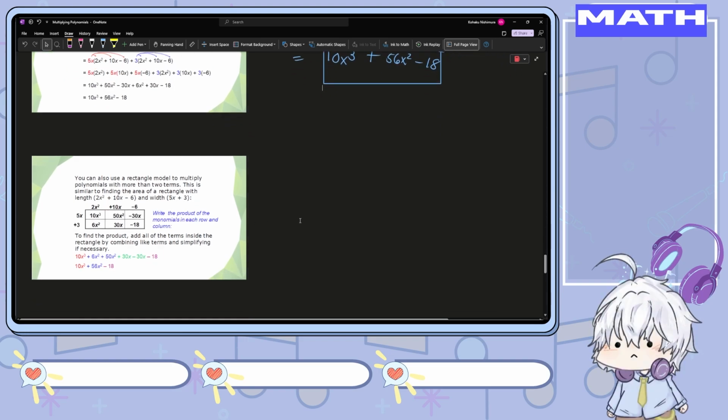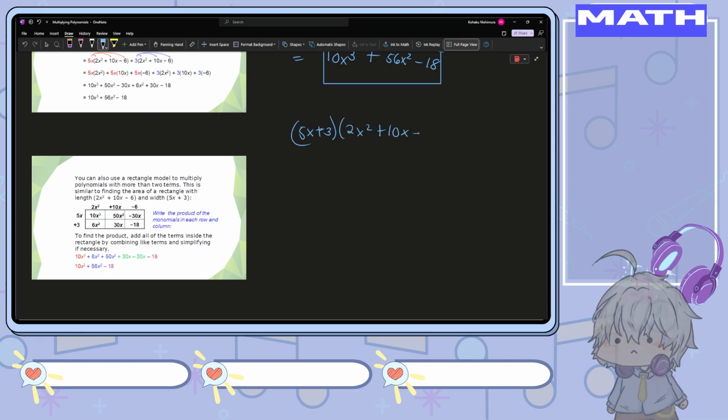A more convenient way on how we can do this is that we can use the rectangle model. By means we have a given already earlier, like 5x plus 3 times the quantity 2x squared plus 10x minus 6.